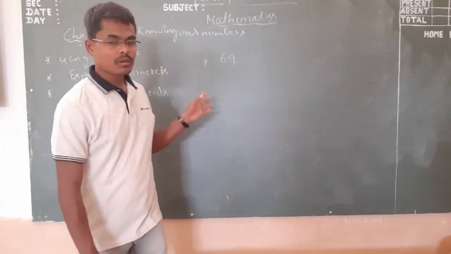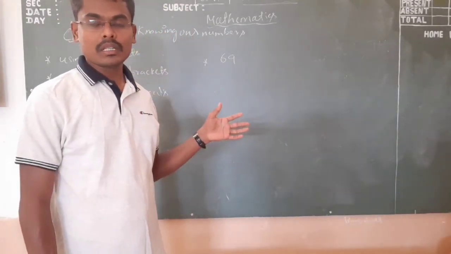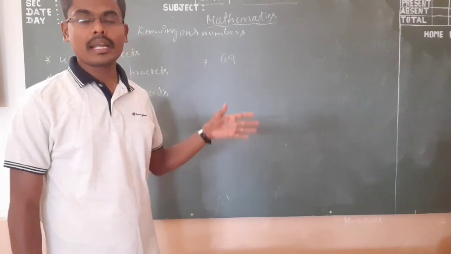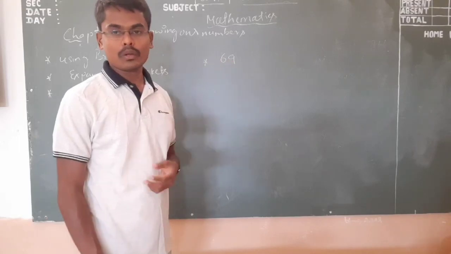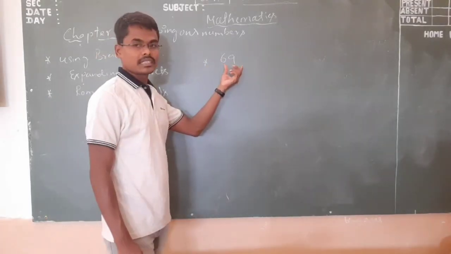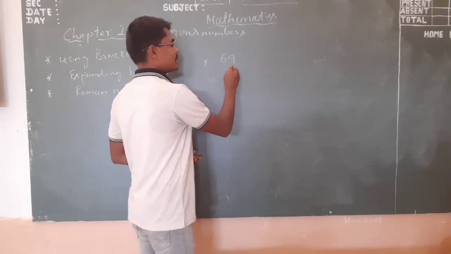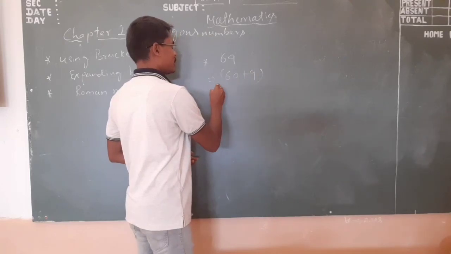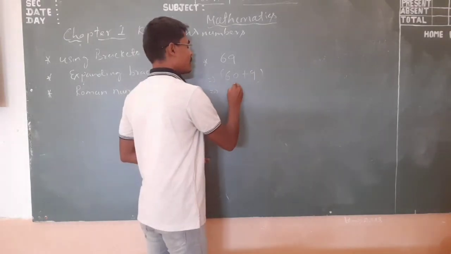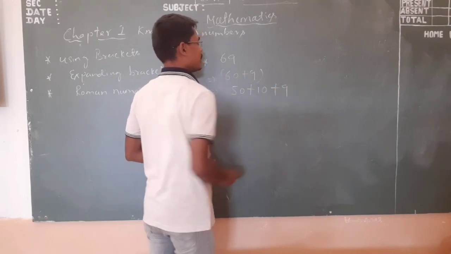Students, now we are going to solve a given problem by using the Roman numerals. How can we represent the number 69 by using the Roman numerals? Here we know 69, right? I can write the number 69 like this: 60 plus 9. Then I am going to write like this: 50 plus 10 plus 9.